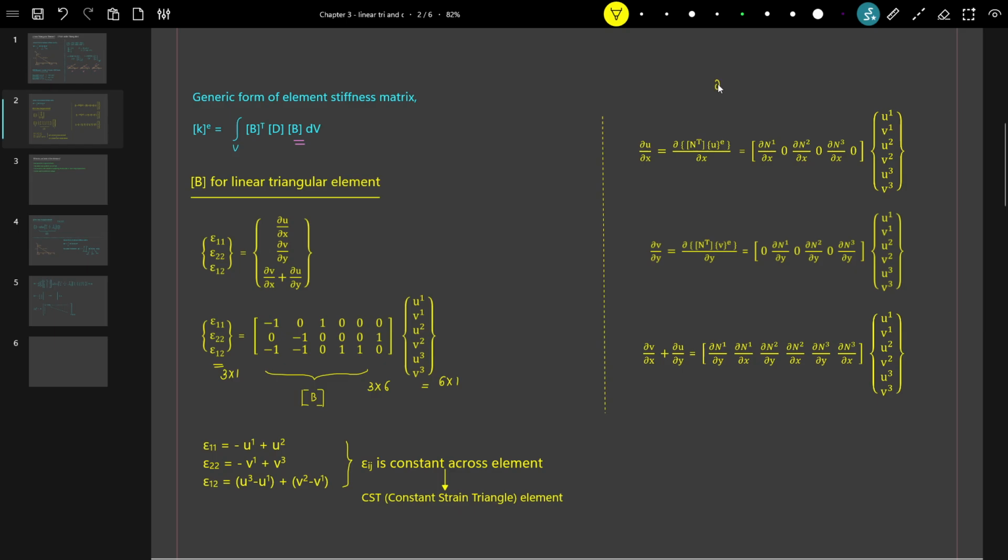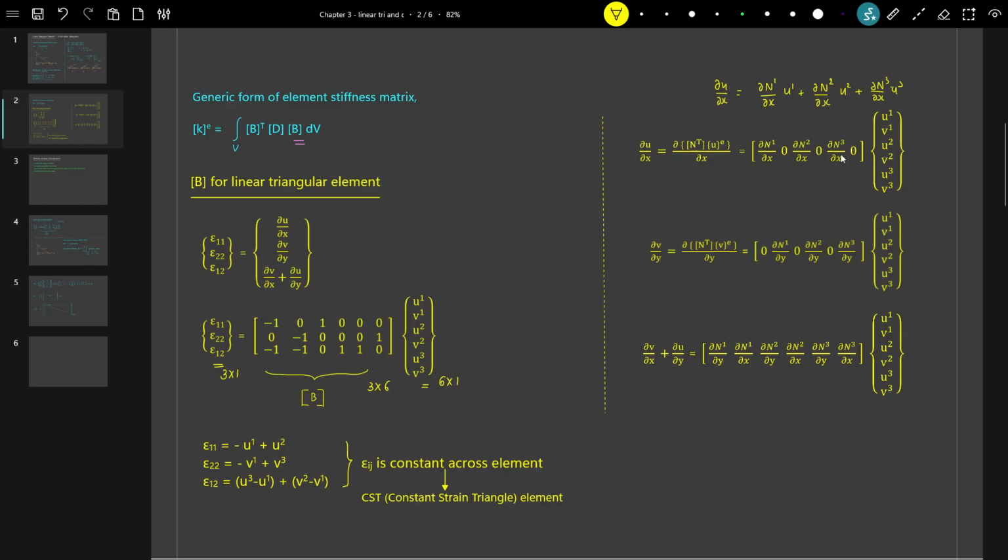So basically dou u by dou x is equal to dou n1 by dou x u1 plus dou n2 by dou x u2 plus dou n3 by dou x u3. So this is the dou u by dou x, which we are writing in the complete displacement vector, not only u.